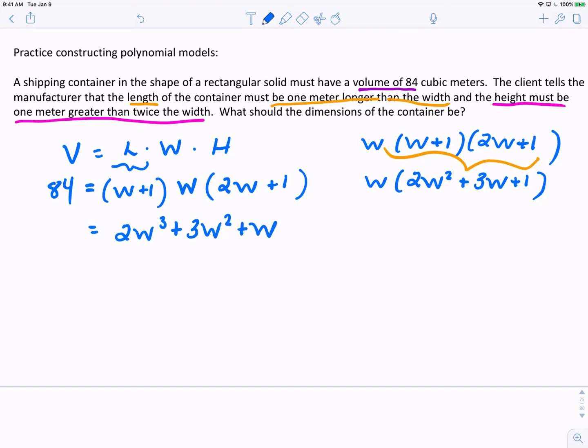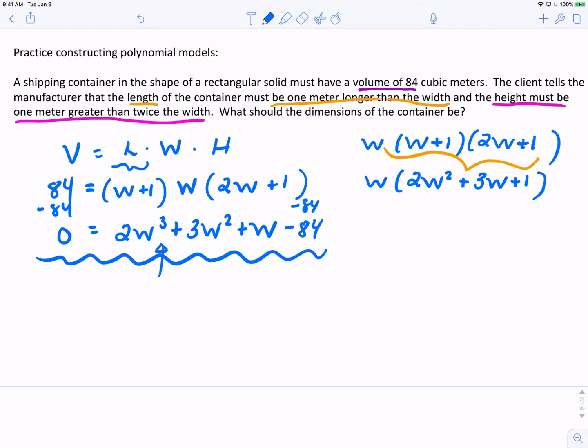Now, in order to be able to solve, I'm going to need to have it equal to 0, so I'll also subtract 84. And so here is the polynomial that models the size of the shipping container. Again, I would use technology since this isn't in factored form. You might say, well, it was in factored form and then you messed it up by multiplying everything together.